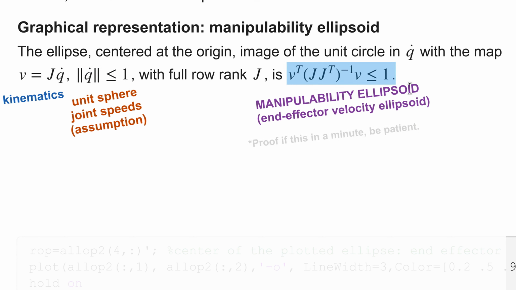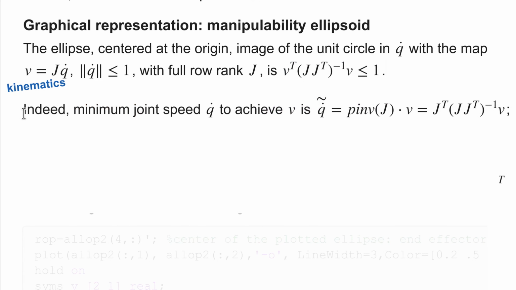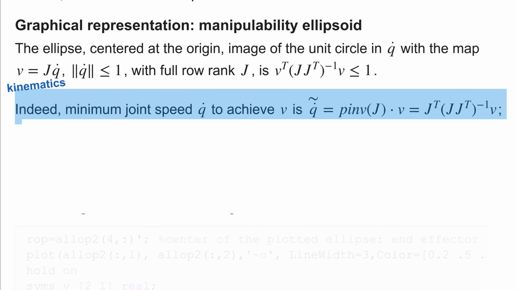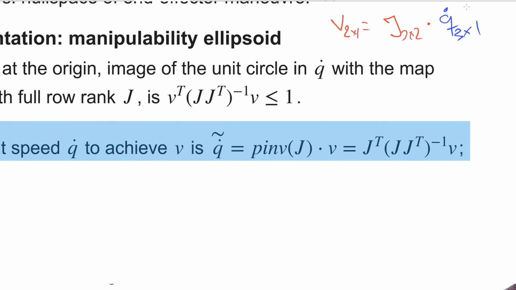Well, this is the main result. This equation describes an ellipsoid called the manipulability ellipsoid, and we are going to prove that indeed that is the case. So we'll need to resort to pseudo-inverses because, in our particular setup, we have 2 end-effector velocities and 3 joint velocities.